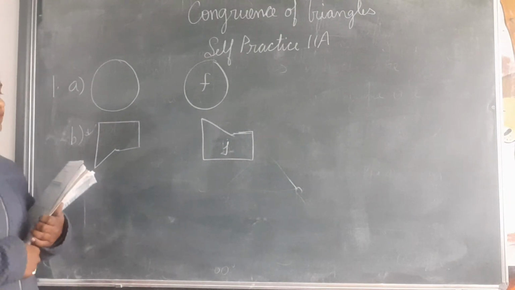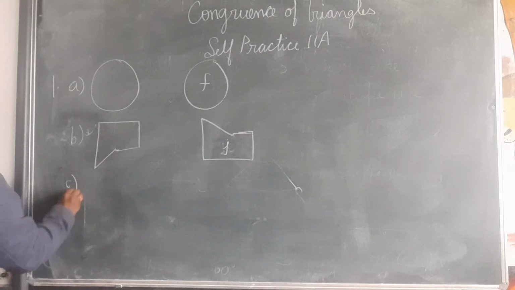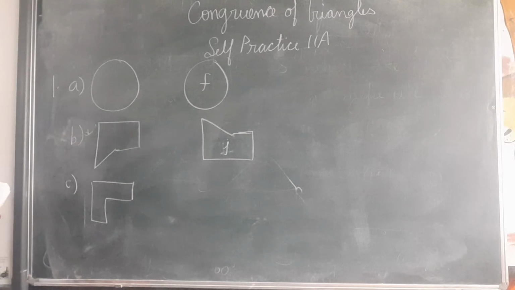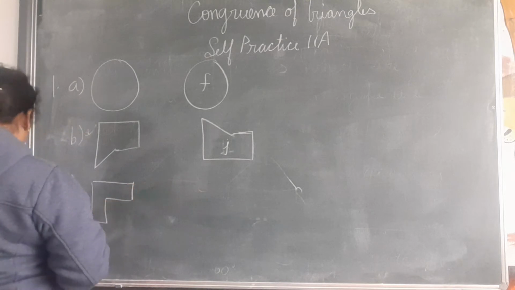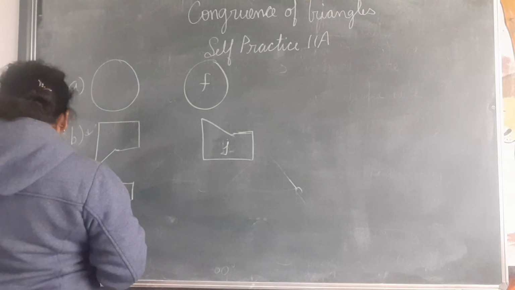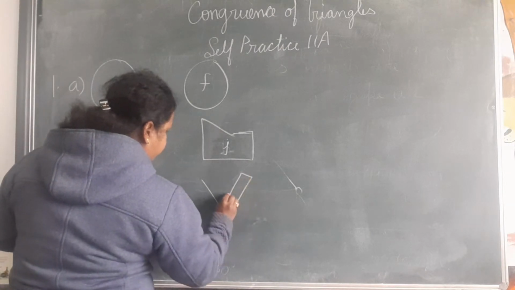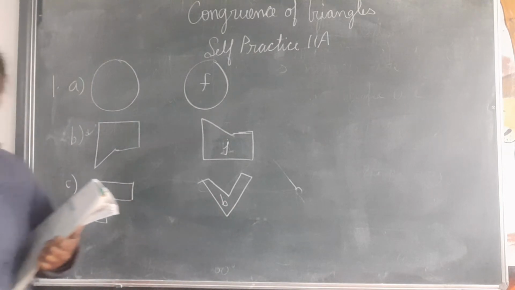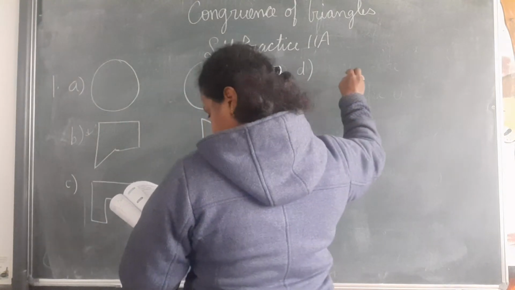That doesn't matter, they are congruent to each other. In the same way, see the C part. It is made like this, and on the opposite side is B1, made like this. Both are the same, only the direction is changed.